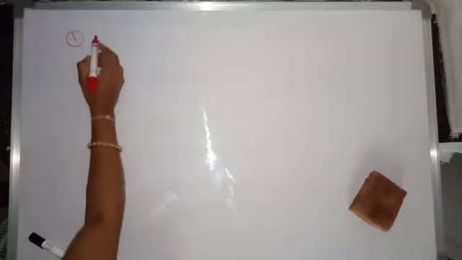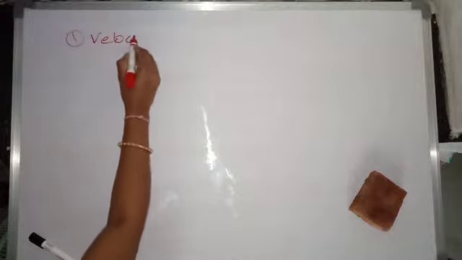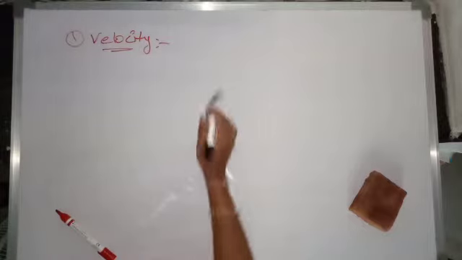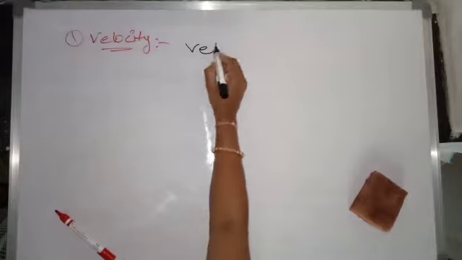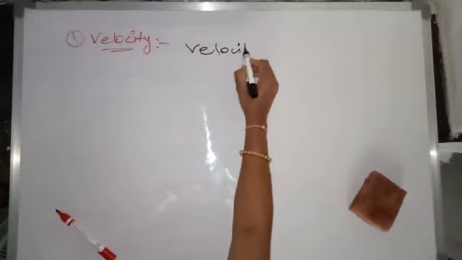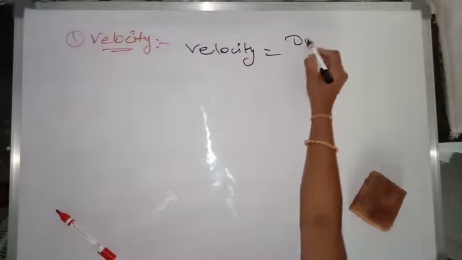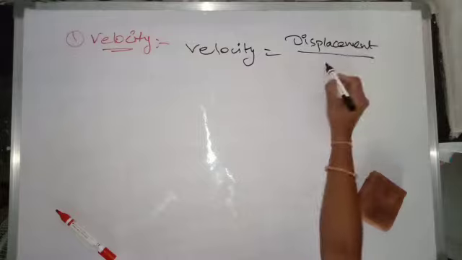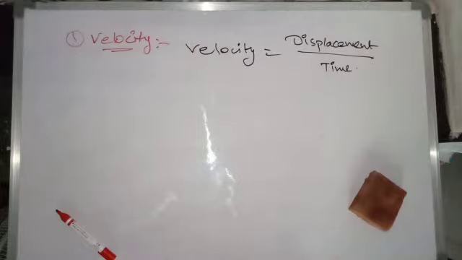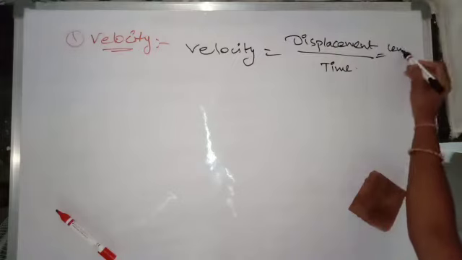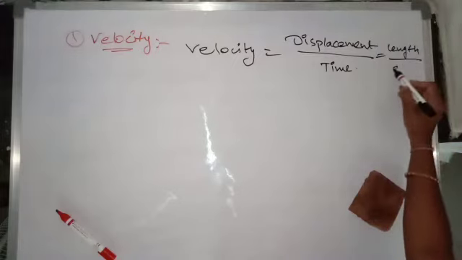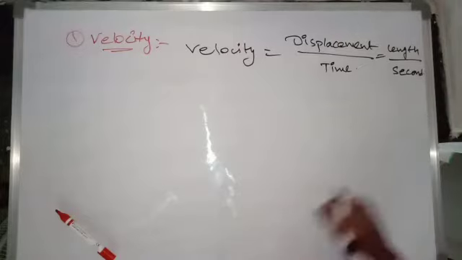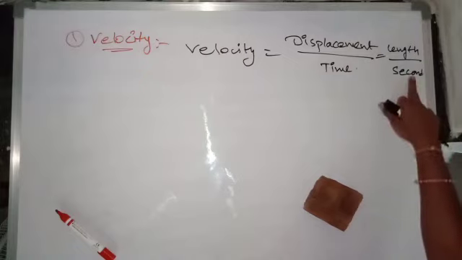First example, velocity. How to write the dimensional formula for velocity? What is velocity actually? Velocity is displacement per time. Displacement is measured in terms of length and time is measured in seconds.